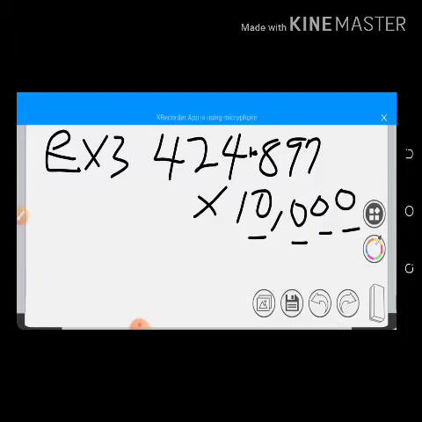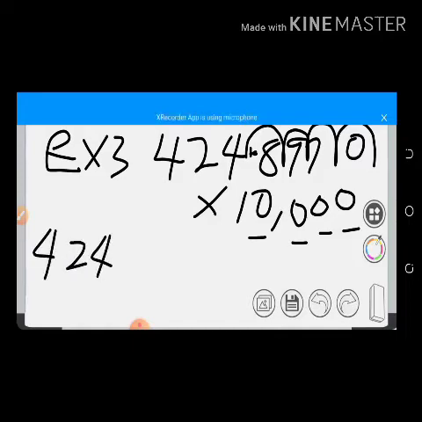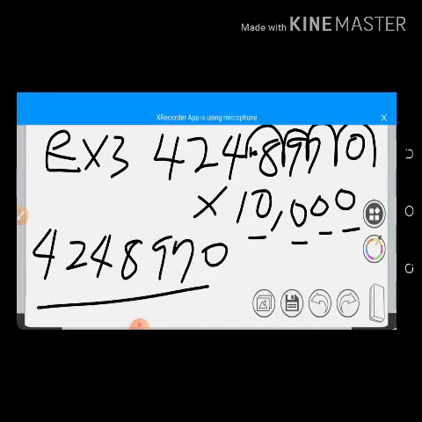So we move our decimal 4 times. 1, 2, 3, 4. You notice that it ended in 7, but we still have one more place to move. So we moved an imaginary number. In this place, we put 0 to make it complete. So the answer would now be 424.8970.